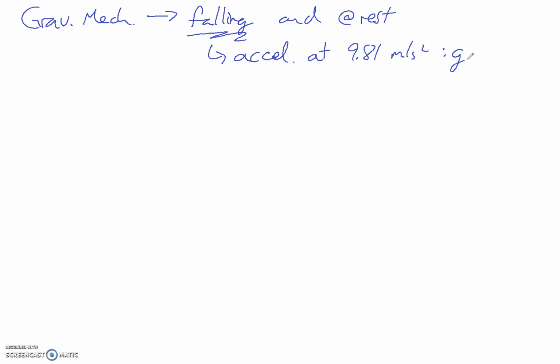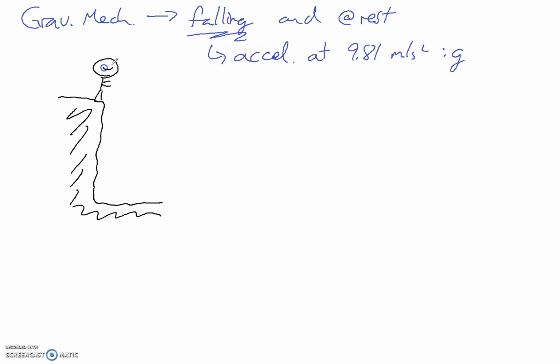So pretty straightforward. For example, let's just take a little situation here. Have like a little cliff or something like that. No big deal. Okay, so here you are at the top, there you are, and you have a pumpkin.